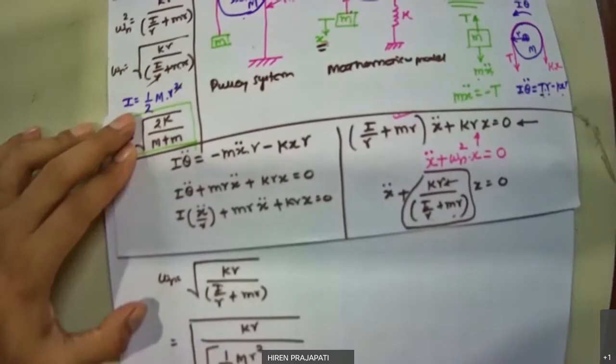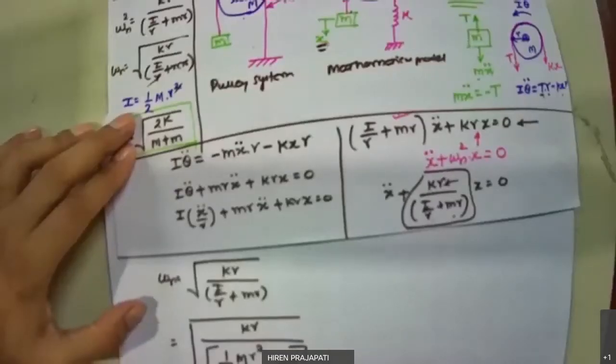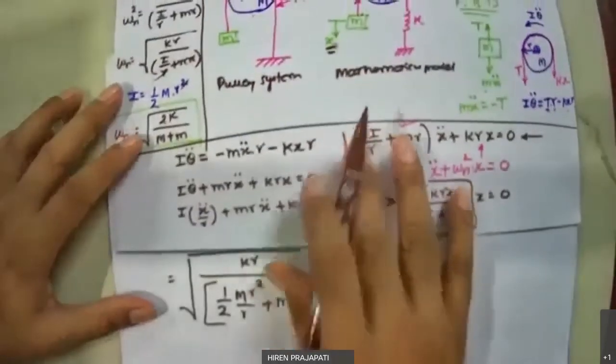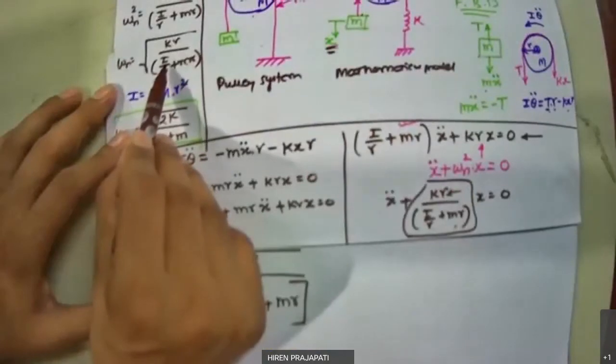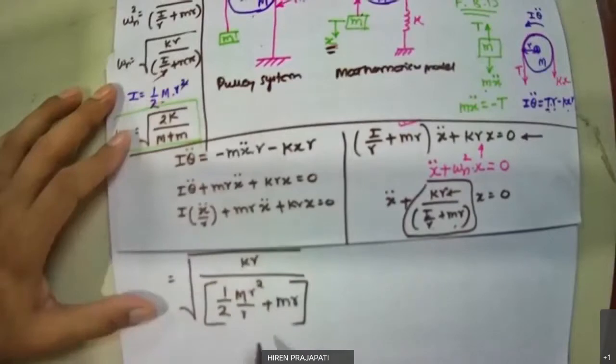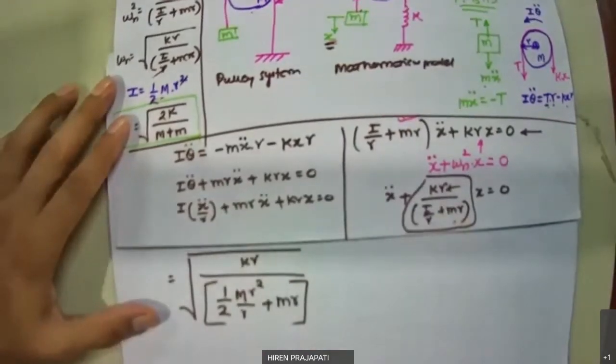We have already one small r as a denominator, plus small m r. So what I did here, I just replaced this I value in this equation. So we got this, right? Now if you look, one R is cancelled out, right?